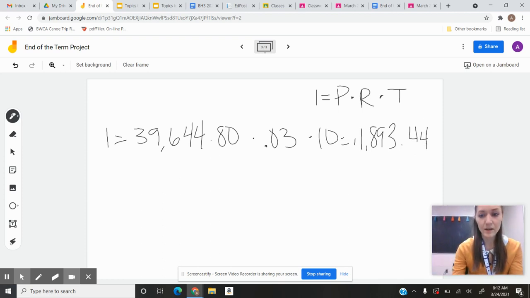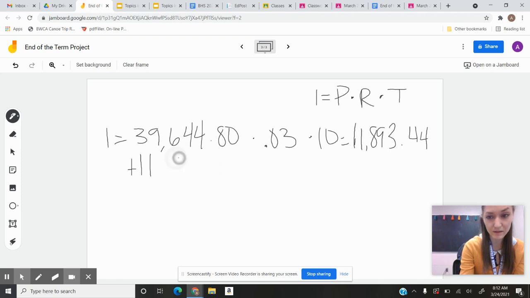All right, so this is how much I will be getting in a pay raise after 10 years if we use this 3% rule. I need to add this to my original pay to figure out my pay after 10 years. So I'm going to just add that to this $39,644.80.